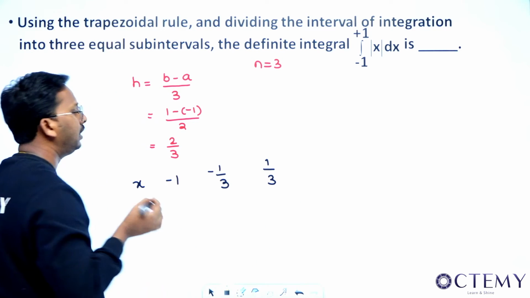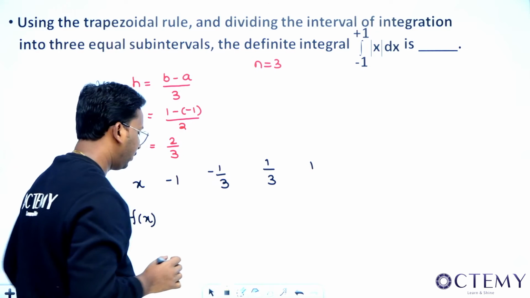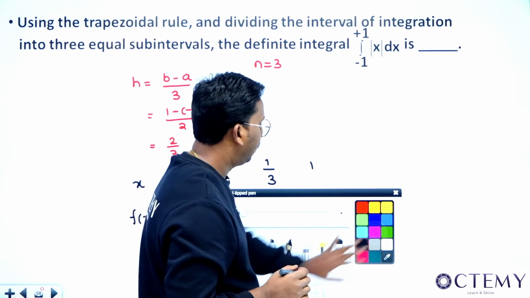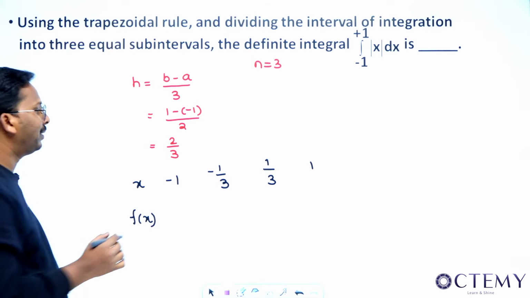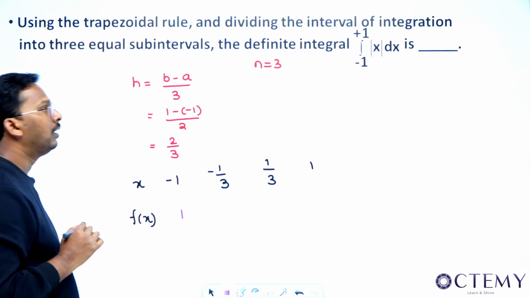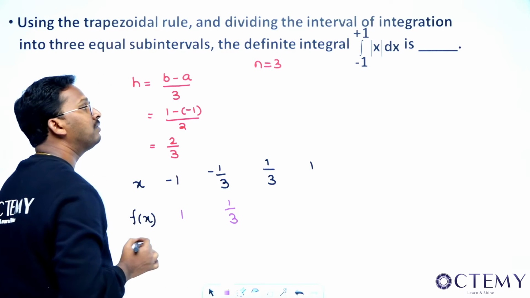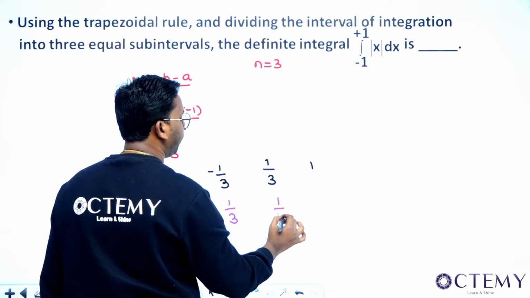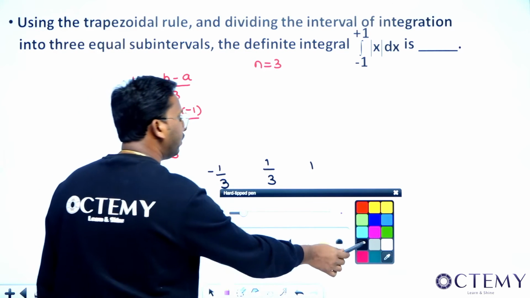Plus 1 by 3 plus 2 by 3 is 1. This is what you are going to get. And if f of x is modulus of x, then for minus 1 it will become 1. If it is minus 1 by 3, it will become 1 by 3. If it's plus 1 by 3, it will become 1 by 3. If it is 1, it will become 1. Right? So these are the values which we got.